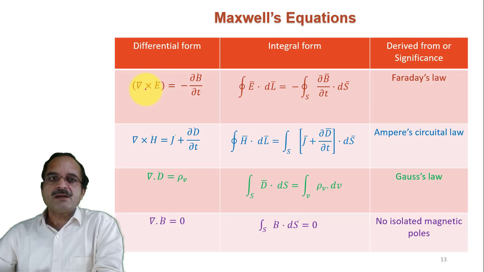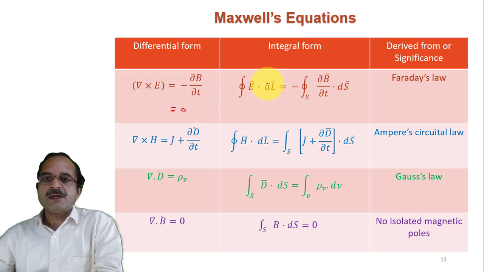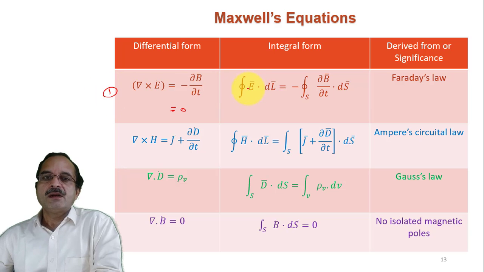So the first equation, curl of E equal to minus dB by dt. In case of static field, this becomes 0. Now in the same manner, the integral form of this equation, we can say this is equation number 1.